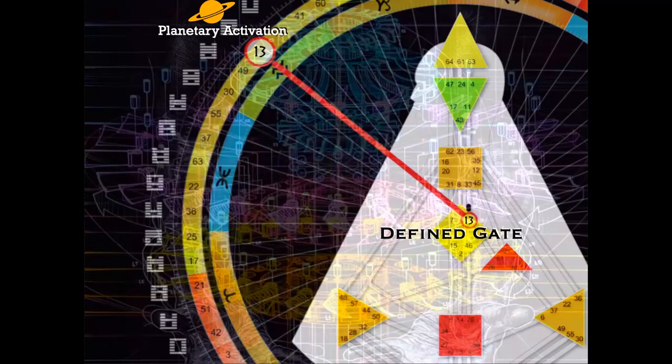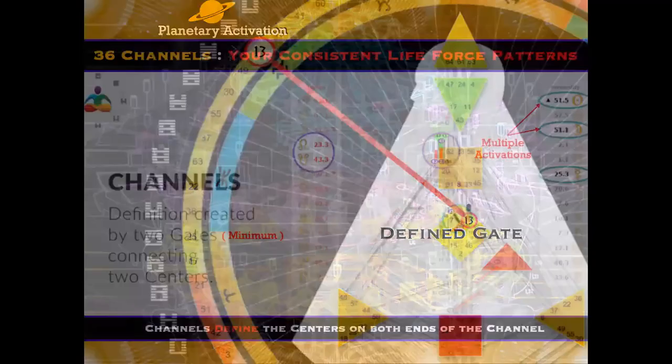So when that planet falls on that 13, it actually defines that gate in the chart, which then colors it in the chart. You'll notice that there's black and red or black and red striped lines in your chart. Black is personality, red is design. Okay, so all of those lines in your chart, that's making the custom circuit board that is your human design.